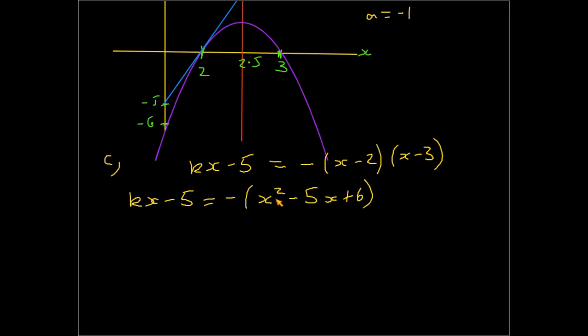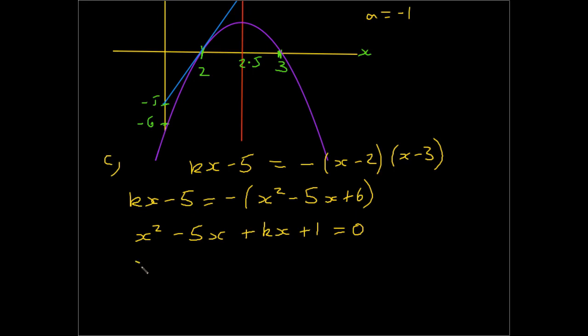So I can then rearrange that, move all this to this side. Because of this negative, it will end up being positive on this side. So I would have x squared minus 5x, and then I've got plus 6 and then minus 5, so it's going to be plus 1. I'm also going to have plus kx, so plus kx plus 1 is equal to 0.